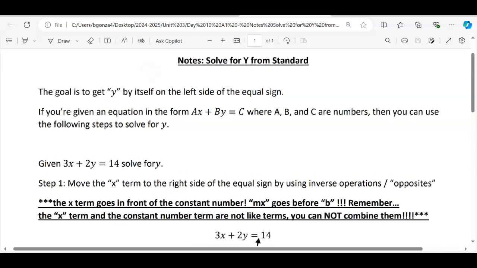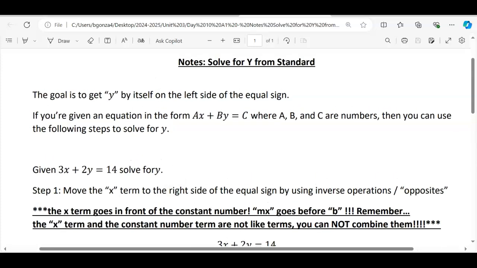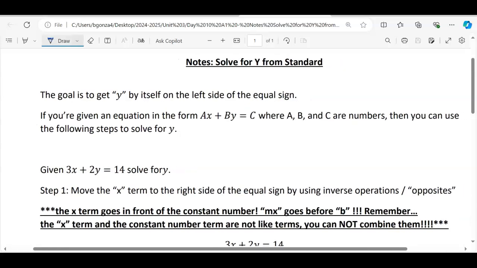Solve for y from standard. Now, again, we have done this on warm-ups before, not this week, but in weeks past. So this should look familiar. To solve for y, our goal is to get y by itself. Very important.